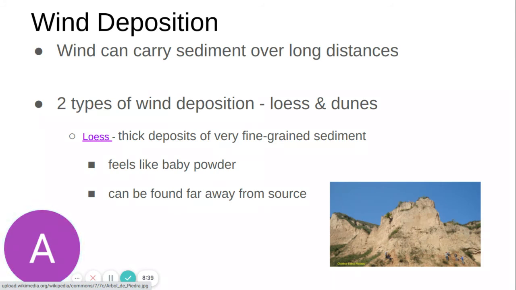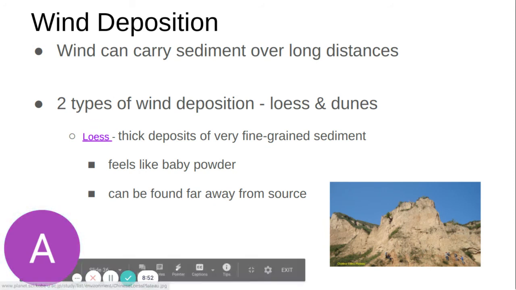Now we're probably more familiar with dunes, and we'll get to that in a second, but loess is thick deposits of very fine-grained sediment. It almost feels like baby powder, and it can be found far away from the source. So an example of that would be right in here. It's kind of hard to see in this picture, but at the base of this feature here, you've got a lot of really fine sediment that was just deposited there that came from somewhere else.